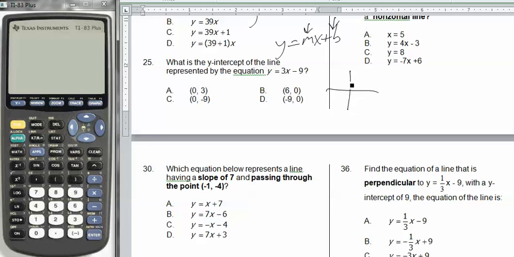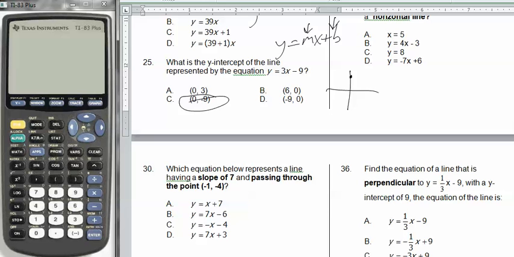Well, if you look, the y-intercept always has x as 0. So it's going to be x is 0, y is -9. So I'll actually circle this one. It's C. So this -9 gives you the value, but remember on the y-intercepts, x is 0.